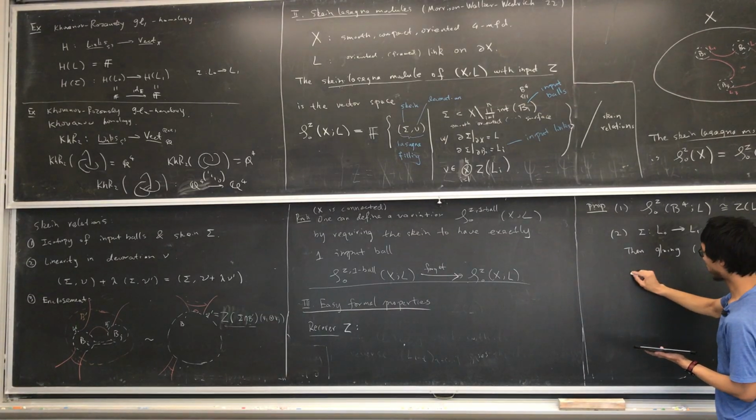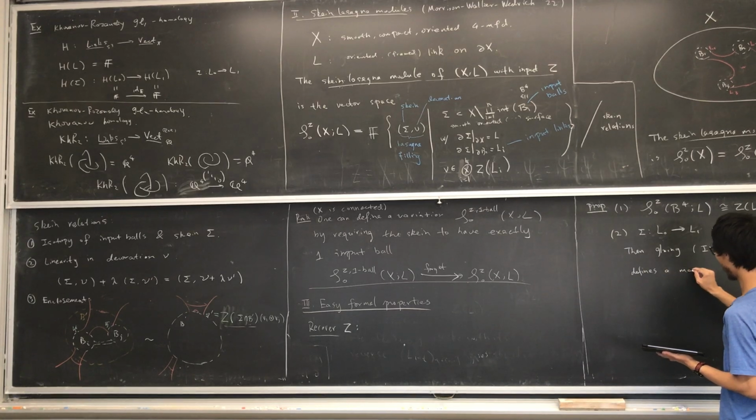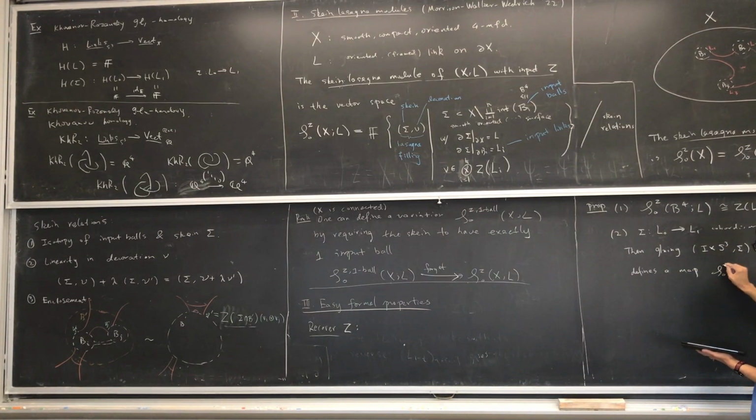I claim that this defines a map from the skein lasagna module of B4 with L0 to B4 with L1.